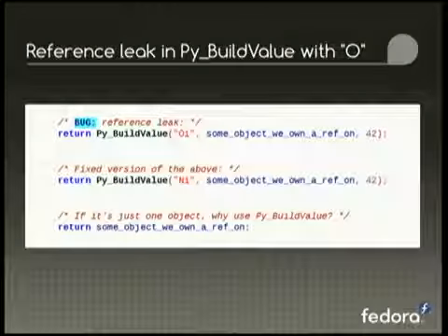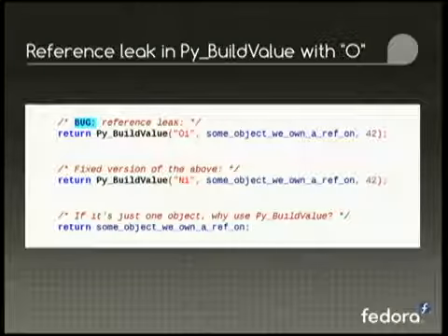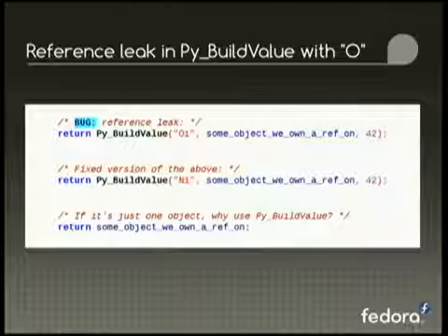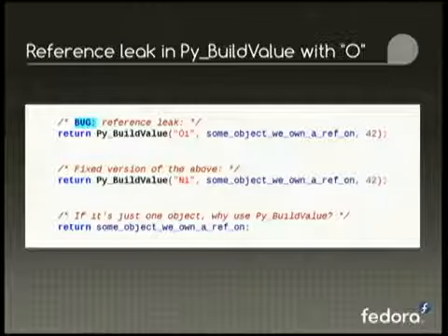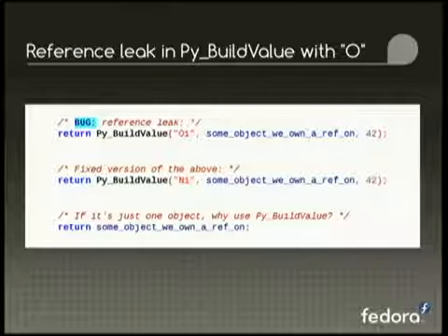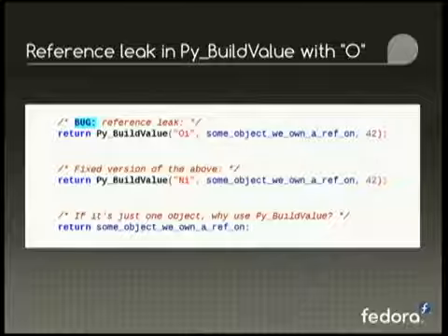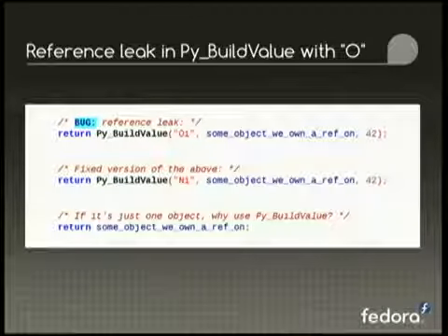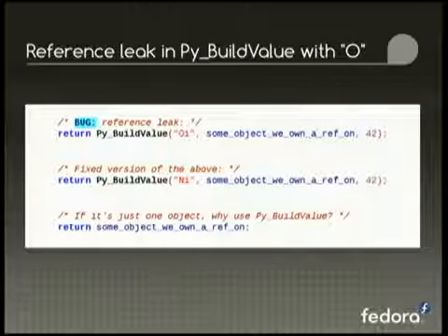One pattern I saw happening quite a few times, this is the stuff I wasn't expecting to see: Py_BuildValue. Py_BuildValue lets you assemble either an object or a tuple if you have multiple arguments. So this code here at the top is attempting to construct a pair of objects, a two-tuple, from some object we've constructed higher up in the function, and then a C integer value.